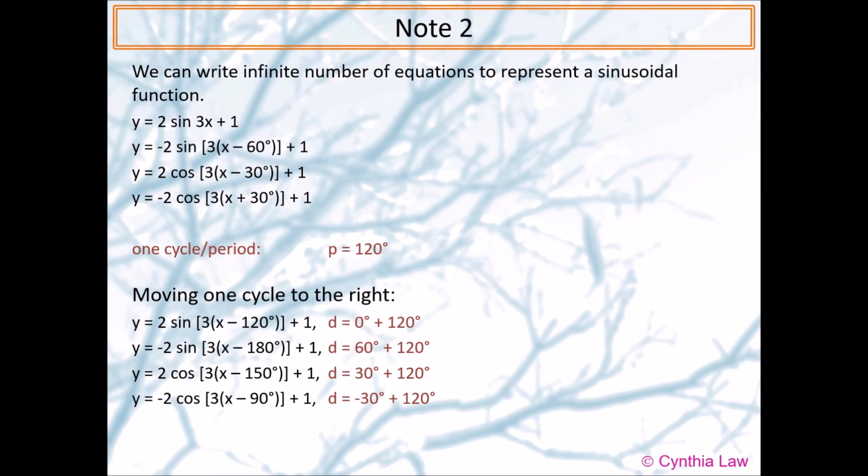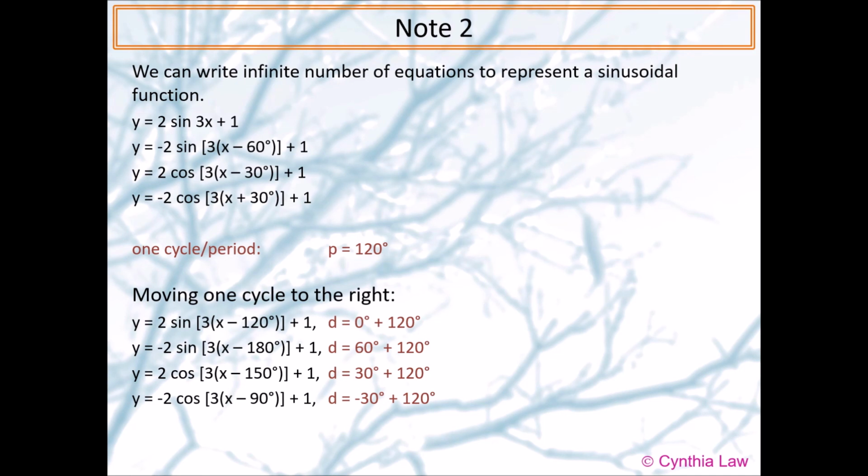So when I substitute it into the positive sine function, I have a new equation. Y equals 2 sine brackets 3 times x minus 120 degrees, close out the brackets, plus 1. If I take the negative sine function and move it one cycle to the right, then I have 60 degrees plus 120 degrees for d, and so I have 180 degrees.